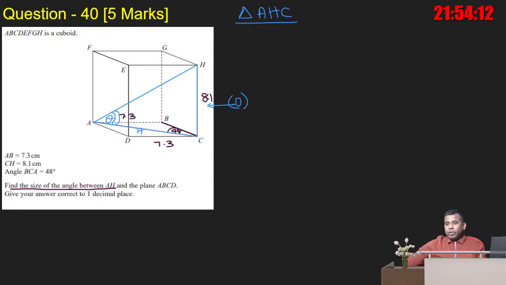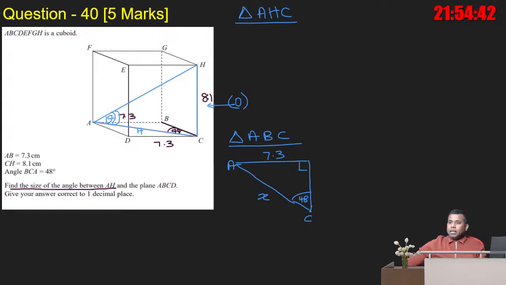For that, I'm going to use triangle ABC, which is also a right angle triangle. If you draw the ABC right angle triangle, this is 7.3, and this is 48 degrees, and this is the AC. I need that hypotenuse side AC.